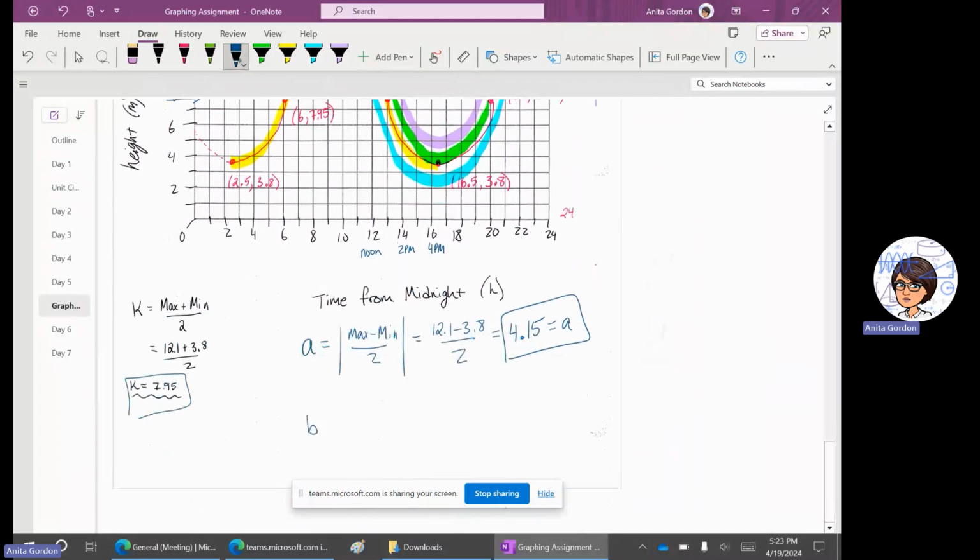So to find our B value, we take 2 pi and divide it by the period that we see. We see the length of the period to be 14 hours. So I'm just going to reduce this fraction. My B value is going to be pi by 7. So these 3 values do not change.